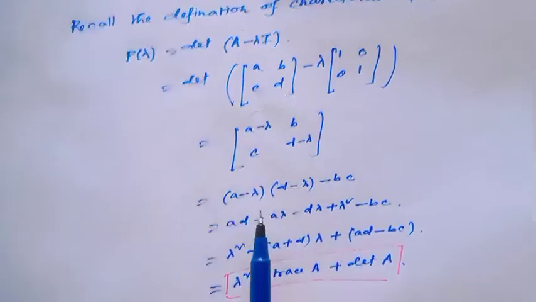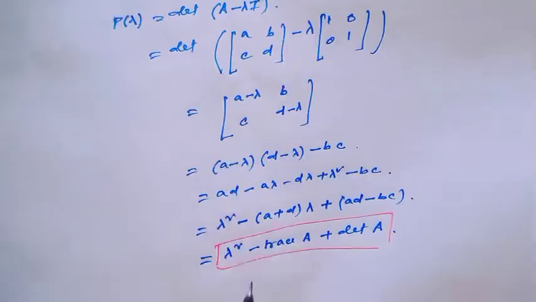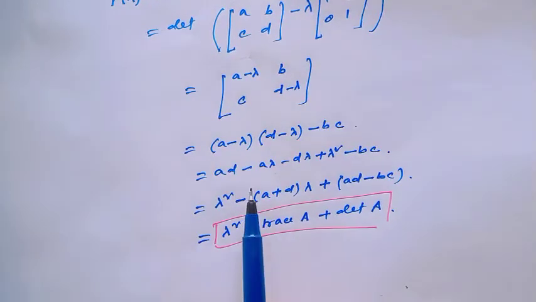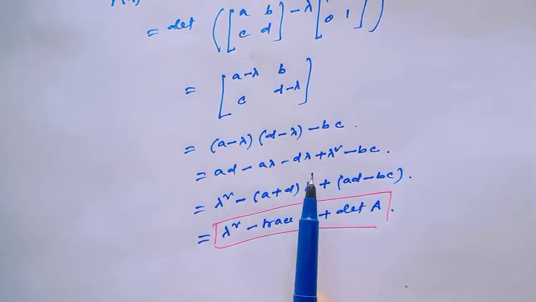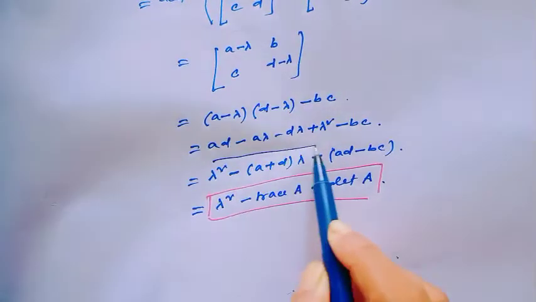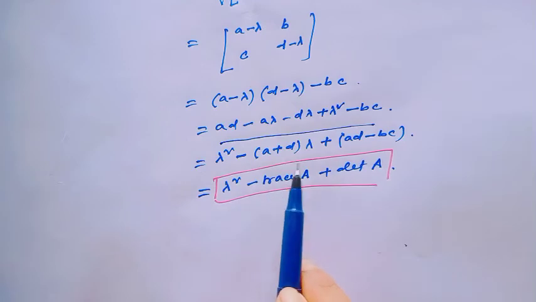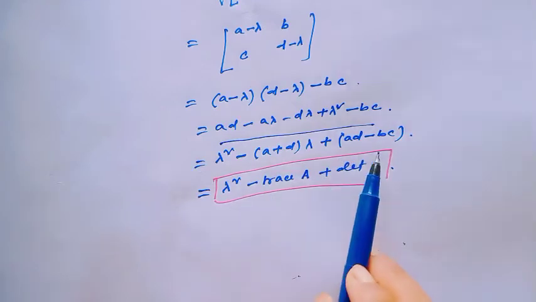Therefore, this is equal to A minus lambda times D minus lambda minus BC, which is equal to AD minus A lambda minus D lambda plus lambda square minus BC. And from this line, we can tell lambda square minus A plus D lambda plus AD minus BC.